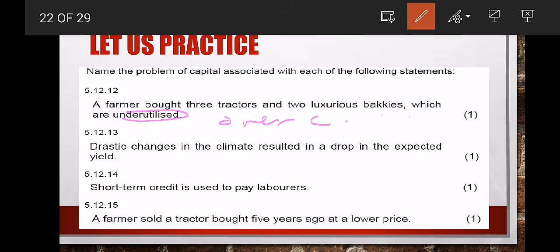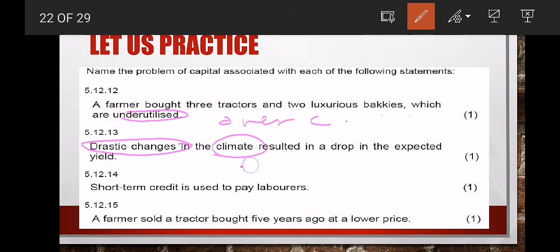Number 2, 5.12.13. Drastic changes in the climate resulted in a drop in the expected yield. Drastic changes in the climate show that this capital is at high risk of weather conditions.